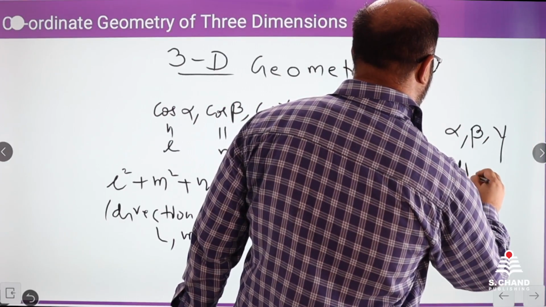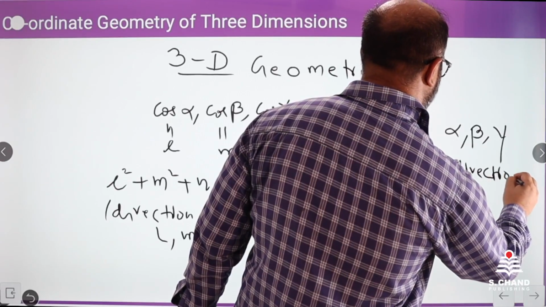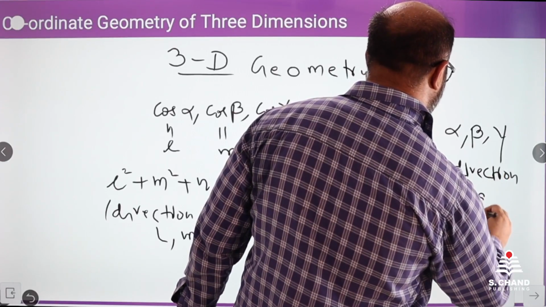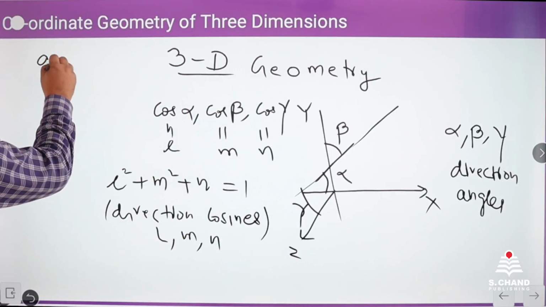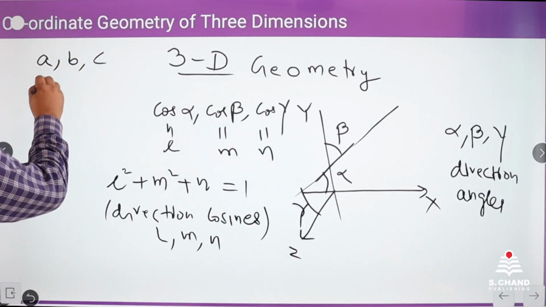Now there is a term called direction ratios. What are direction ratios? Let us take A, B, C and call them direction ratios.